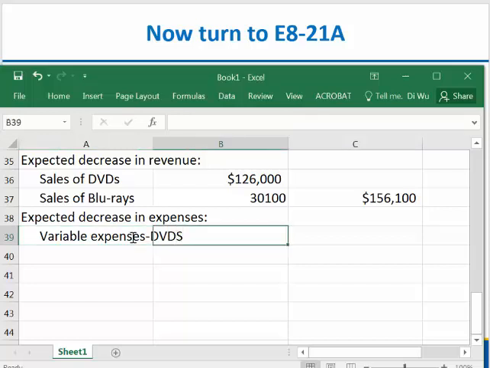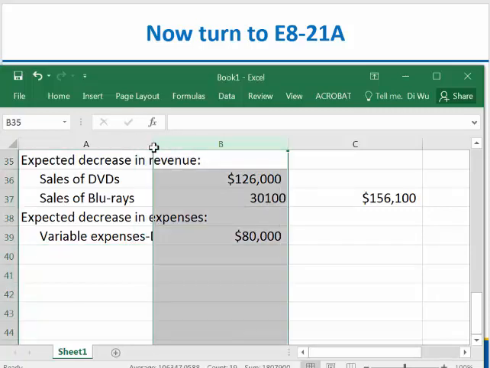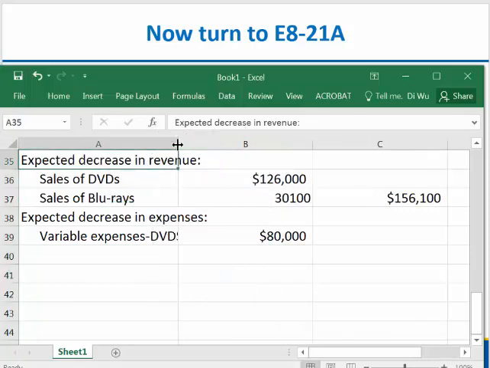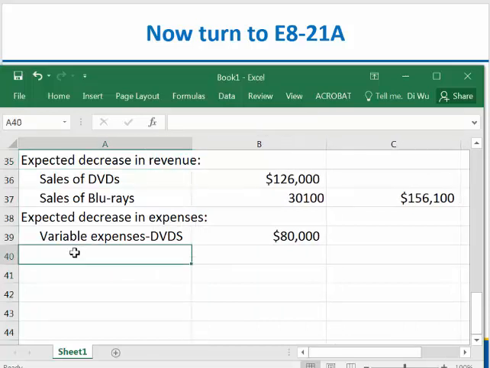How much is it? You can go back to the slide, and no calculations are needed. It's simply 80,000. You can easily find it right from the table in the question.